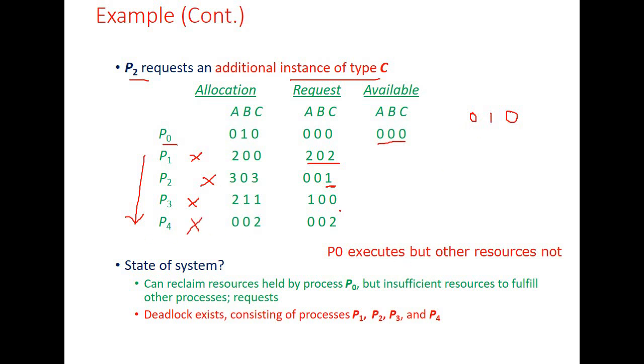So no other process, including P2, can start its execution because of insufficient resources. Only P0 completes its execution. The remaining processes will not complete their execution due to insufficient resources. Therefore, the additional instance of type C requested by process P2 is making the system enter into an unsafe state. So deadlock exists.